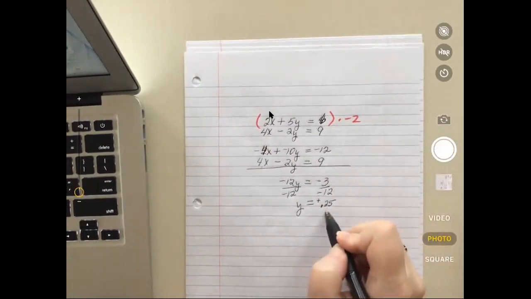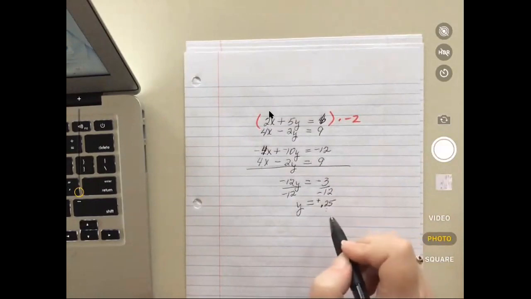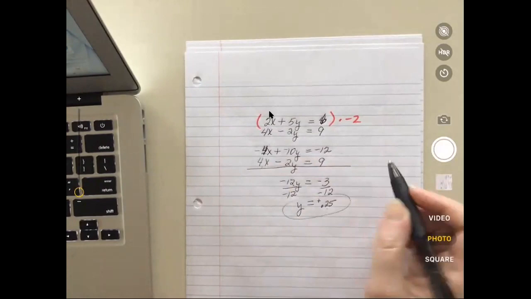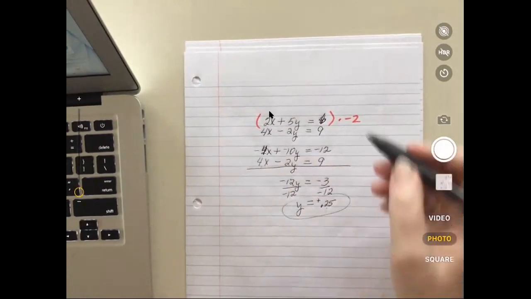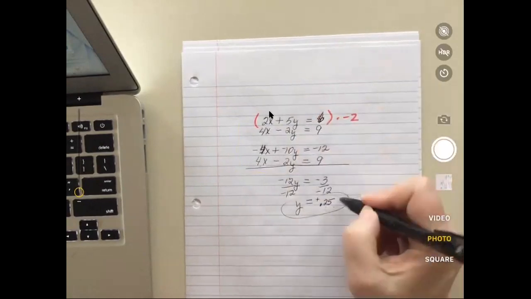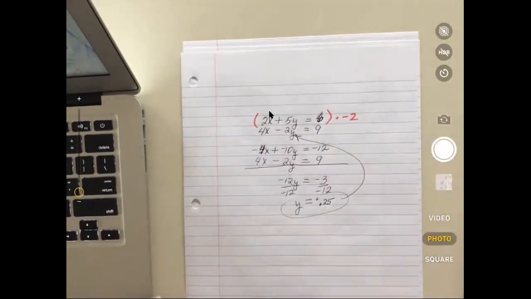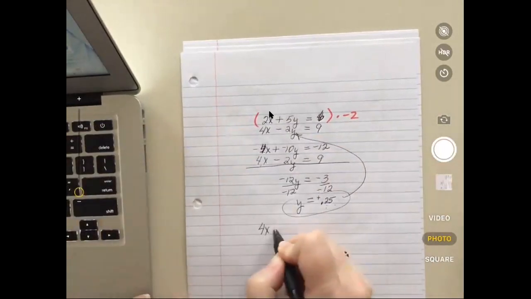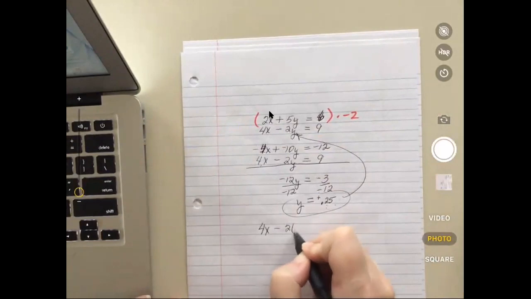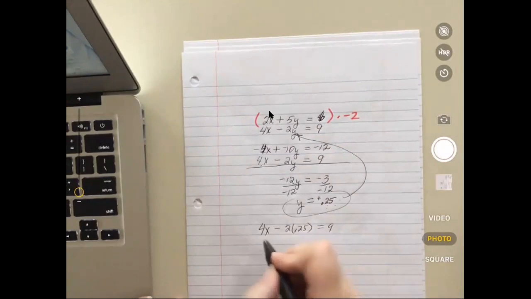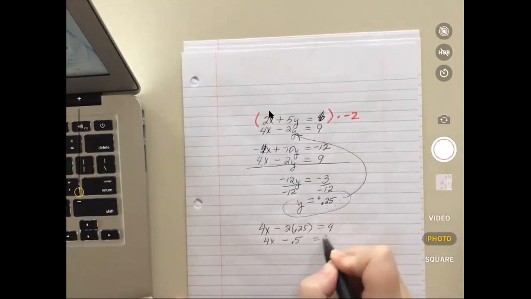Once you know this, you can get the answer for x, if you have the answer for y, by putting that in for y, right here or right here, either one. So if I put that in right there, I like that one better because I can do it in my head. 4x minus 2 times 0.25 equals 9. So 4x minus 0.5 equals 9.